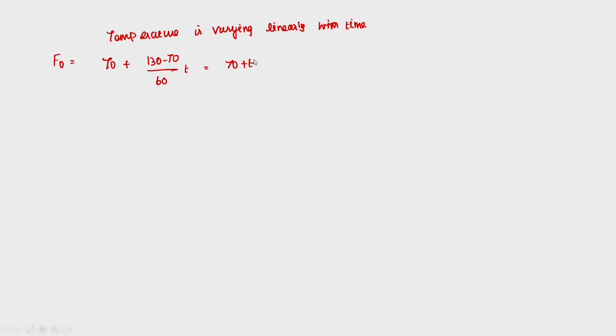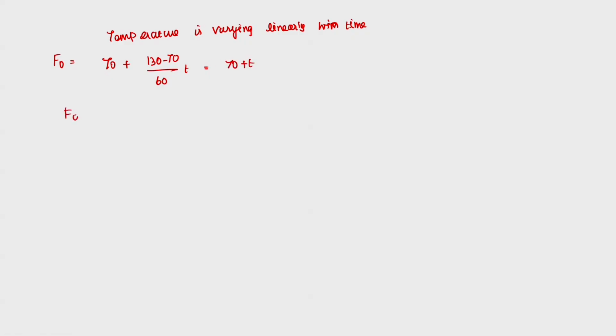Already it is told the temperature is varying linearly with time. So, the same one as in the previous problem, 130 minus 70. So, number of seconds is 60 into t. So, this is nothing but 70 plus t.